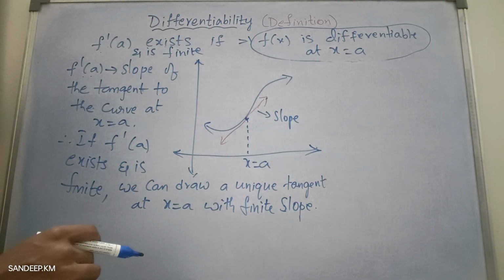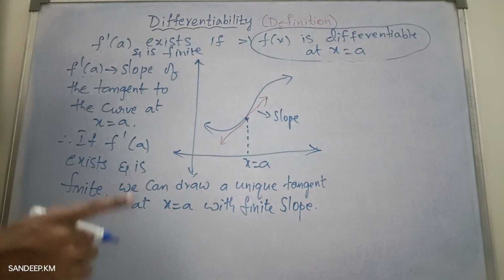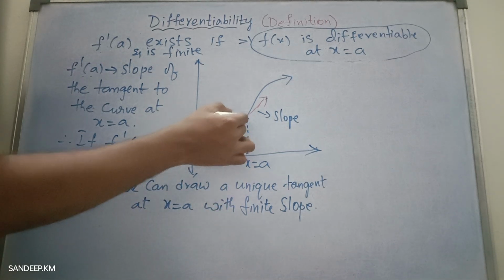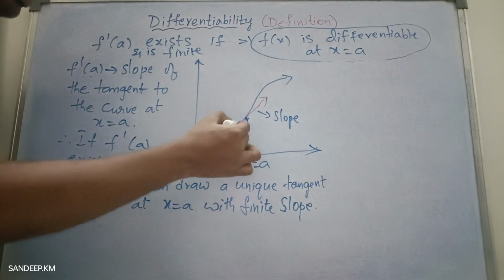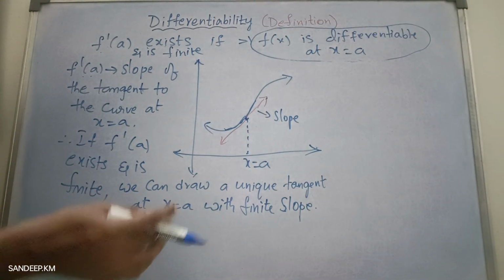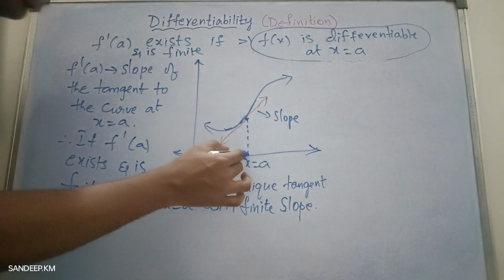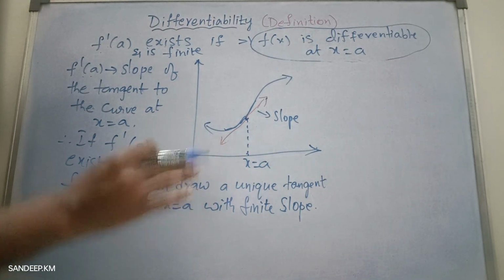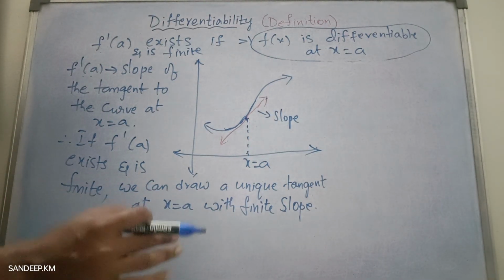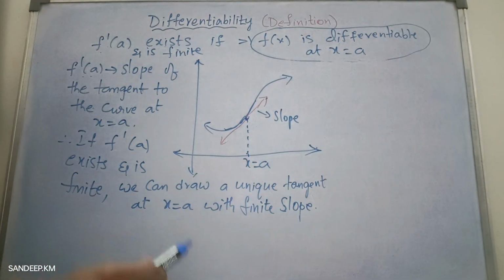Now let us try to understand the relation between continuity and differentiability. I told you at the starting that at x is equal to a, if the function is continuous, you can draw the graph of the function continuously without lifting your hand. Correct or not? So keep this in mind. If you want to check the differentiability of a function at x is equal to a, first of all, it must be continuous.